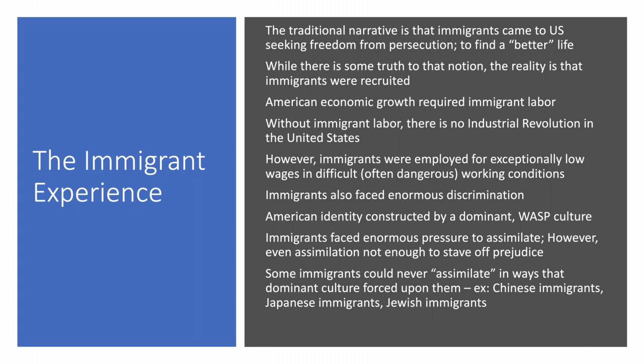Certainly, many immigrants did come here facing political and economic hardships in Europe, or they were facing persecutions in Europe. This is, in some ways, very true of Jewish populations who were facing persecutions in Eastern Europe and in Russia during the late 19th century.